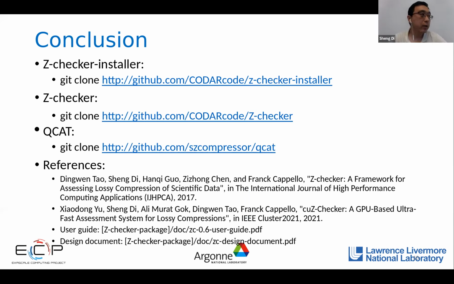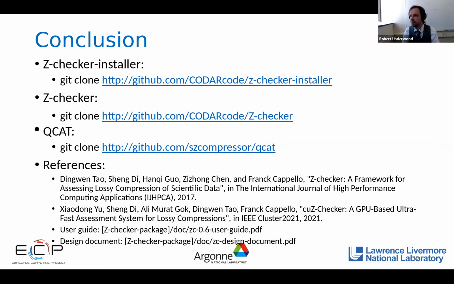Basically, Z-checker already has the GPU versions, right? But we are developing the AMD GPU version for Z-checker. And QCAT mainly targets offline usage because it is a utility toolkit, and I will mainly add more metrics if needed in the future.